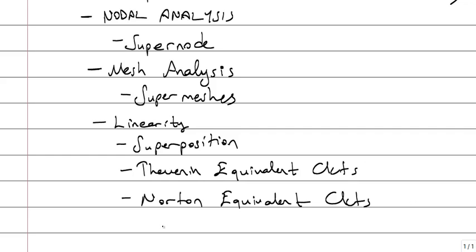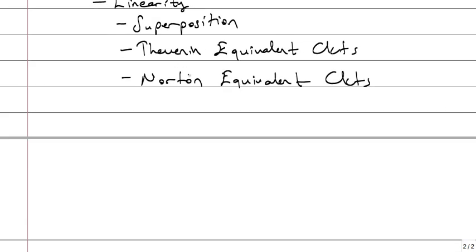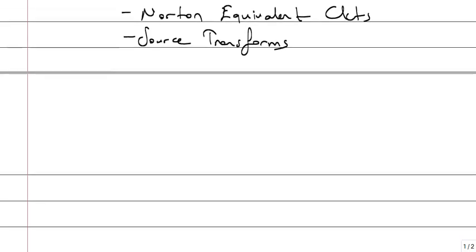Okay, and application of Norton and Thevenin equivalent circuits together is called source transforms. Okay, I have explained. There is an example on the web. You can follow.